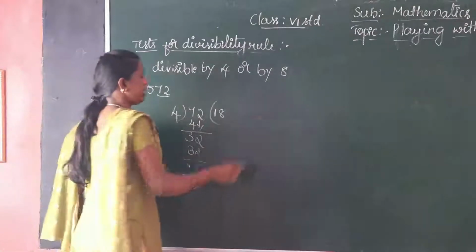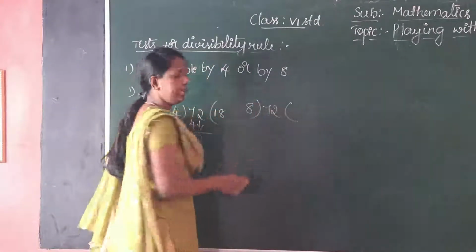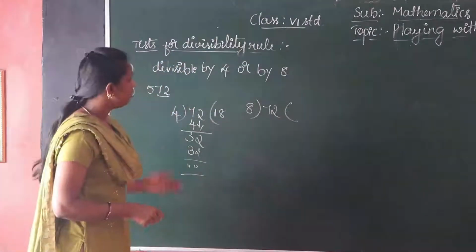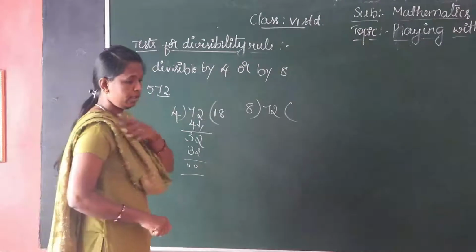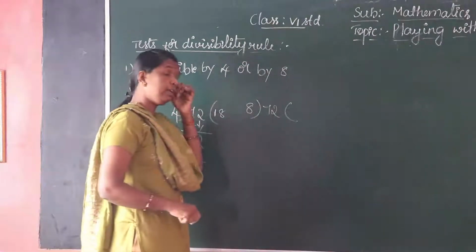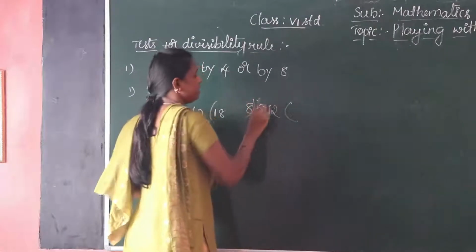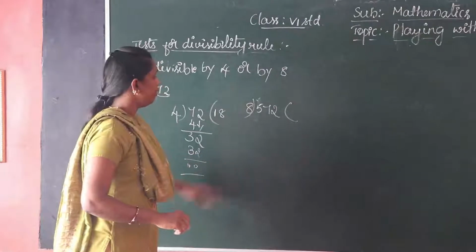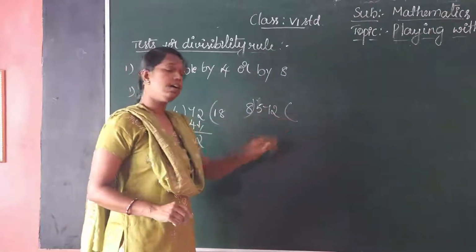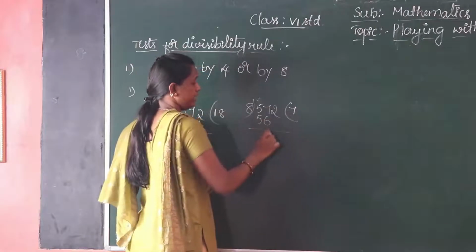So let us try 8. Okay, 72 is there in the 8 table, but in that case we have to take 3 digits. First 572. 8 sevens are 56.